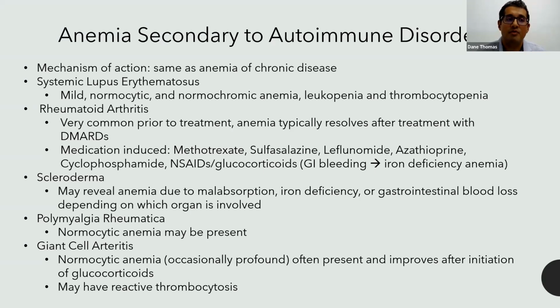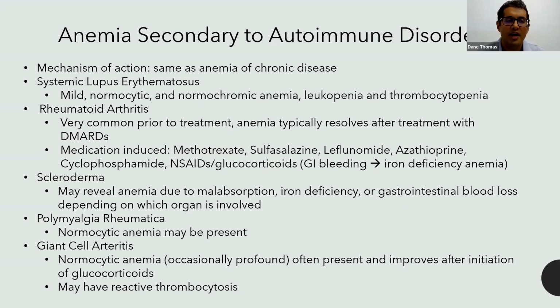Some medications used for rheumatoid arthritis can also induce anemia, which include methotrexate, sulfasalazine, leflunomide, azathioprine, and cyclophosphamide, as well as NSAIDs and glucocorticoids, which can cause GI bleeding, which therefore can result in iron deficiency.